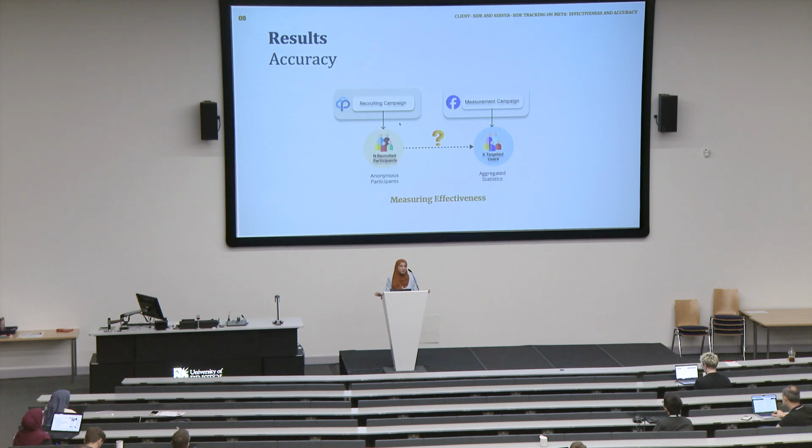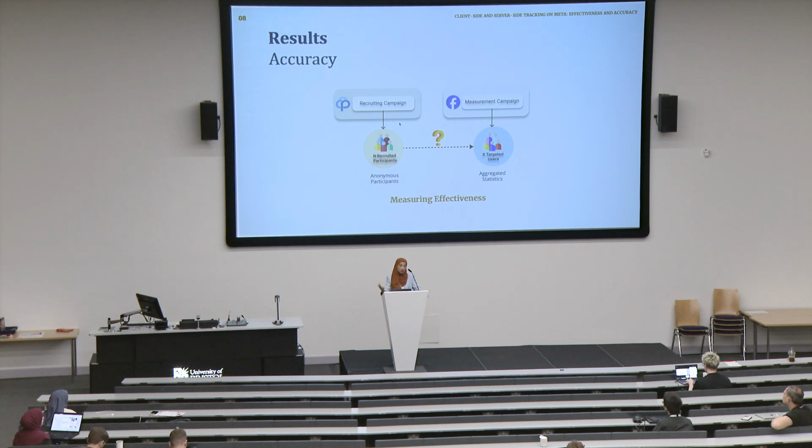Now for the accuracy, I need to take a step back and revisit how we measured the effectiveness. What we had was participants recruited from crowdsourcing platforms. We had these participants go to our website, we tracked them, sent their data to Meta, and then we created these advertising campaigns that target the social media profiles of the users who supposedly generated this data.